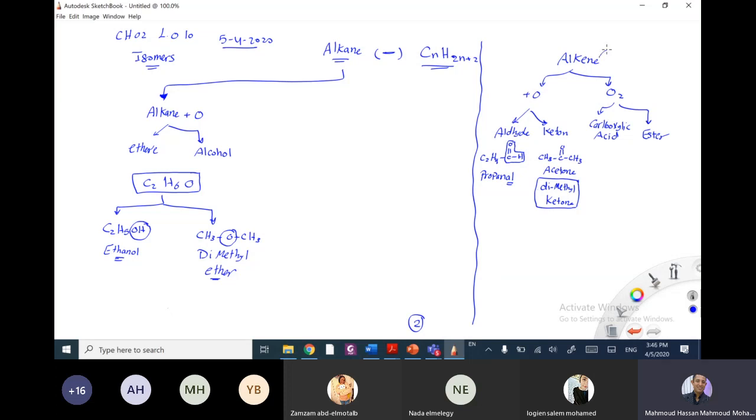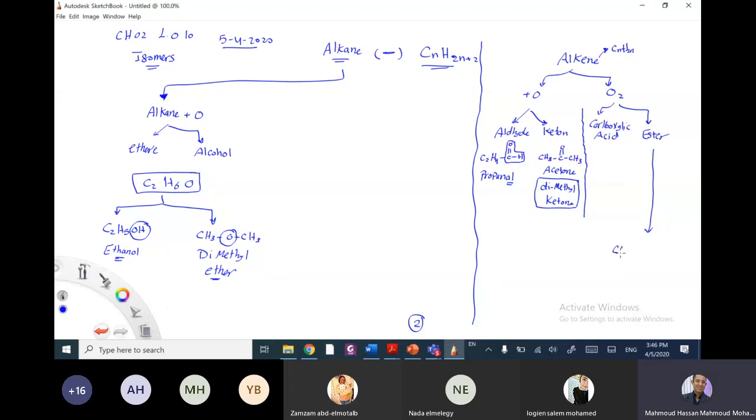For the alkene, the general rule is CnH2n only. If we find alkene plus O2, like CH3 COO C2H5 for the ester, it's called ethyl acetate ester.